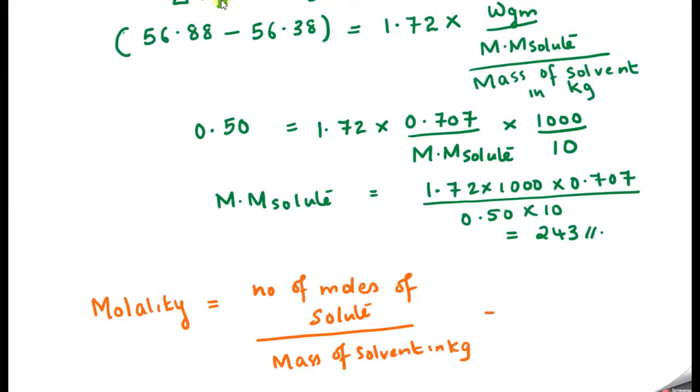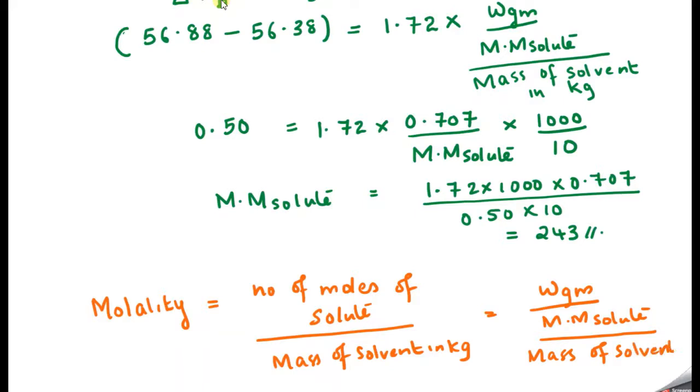This can be written as weight in gram divided by molecular mass of the solute, by mass of the solvent, very important, in kilogram.